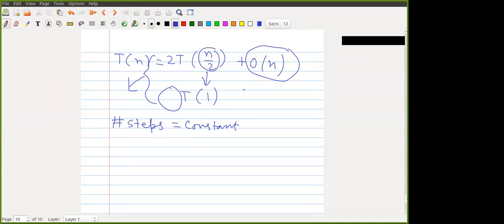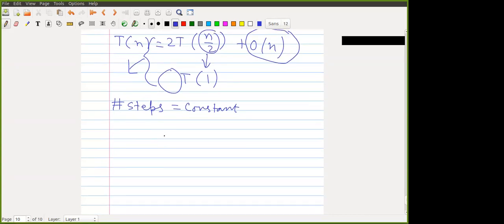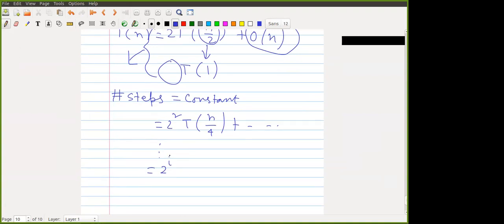But if we actually unravel it, at every point it is getting halved. So if we open it up, it will be like 2 square T of n by 4 and so on. Suppose it goes up to the ith iteration.